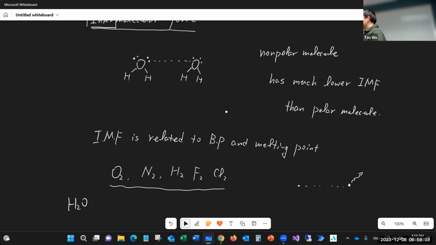In other words, the boiling point is when the molecule has enough energy to break the intermolecular force and be free. For water, we have to reach 100 Celsius for those molecules to have enough energy to be free. For oxygen, the intermolecular force is really weak, so just a little bit of energy and they're free.